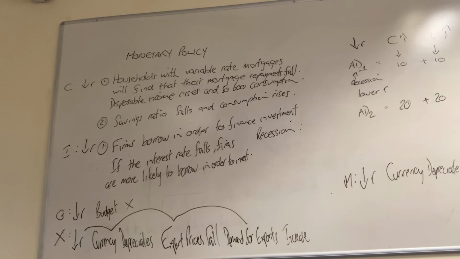Because the imports go down. Why do they go down? Because of that link: interest rates down, currency depreciates, import price up, demand for import falls, yes? Okay, minus 3. Okay, marvellous, total it. 87.